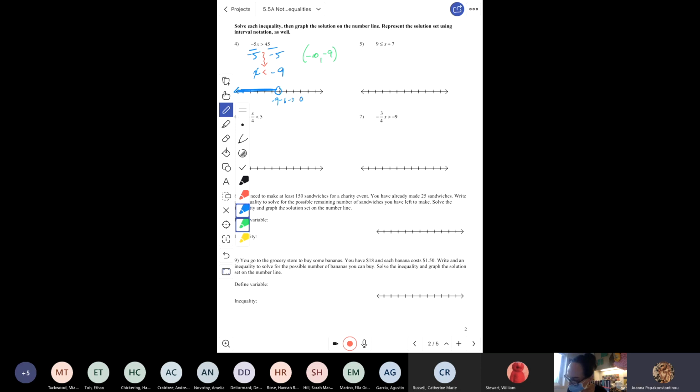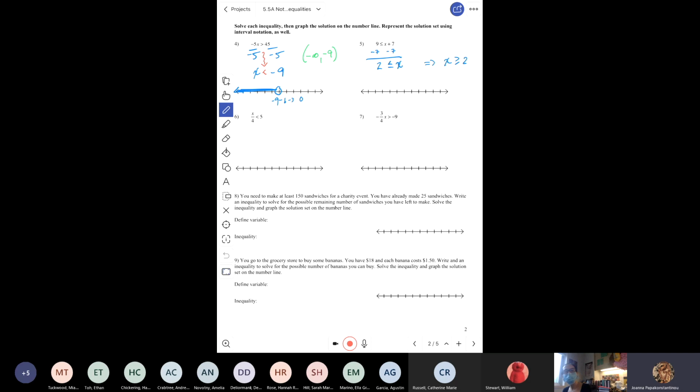Okay, looking at the next one, I want to solve for x. So I have to isolate the x on one side of the inequality. What is the first step? Subtract 7. Okay, do I have to change the direction of the inequality for this one? No, because I'm just subtracting 7. So I'm going to get 2 is less than or equal to x. Again, I like to see it with my variable on the left-hand side.